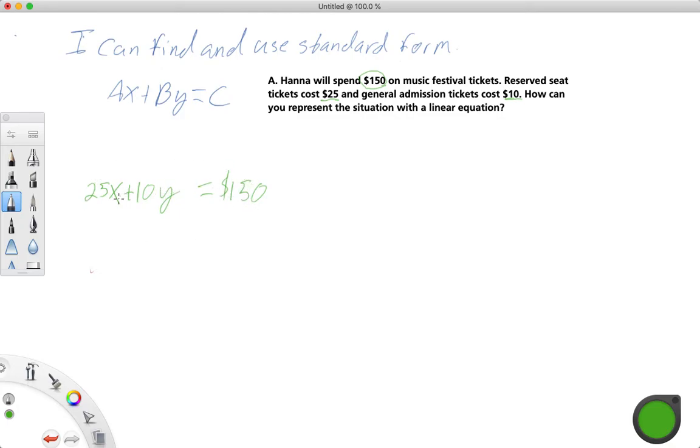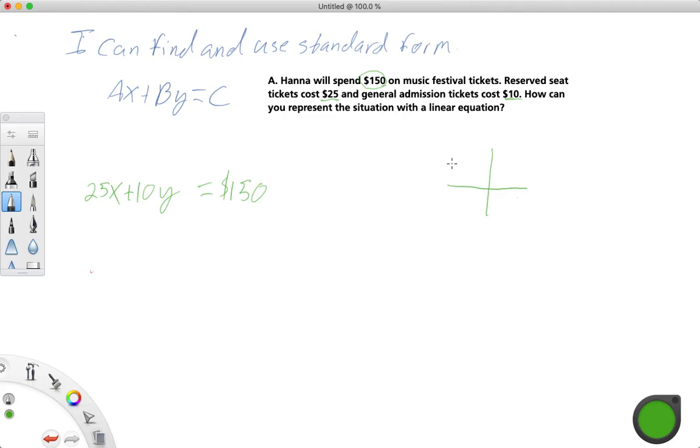And that's great. We could plug in an X value and figure out what Y value is going to come from that. We could graph this. If we use the standard XY graph, then we're going to get a line, and it'll give us different values depending on what our X value is, how many of the reserved tickets we bought to how many of the general tickets we bought.